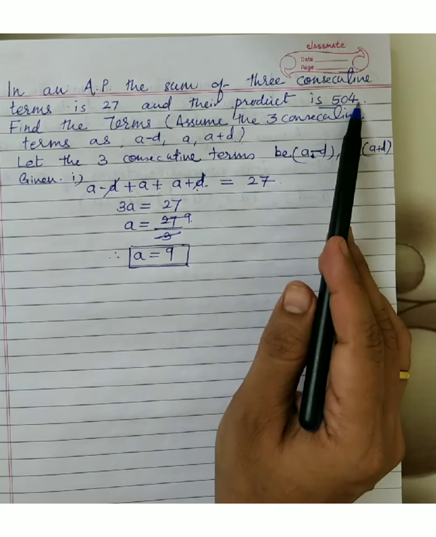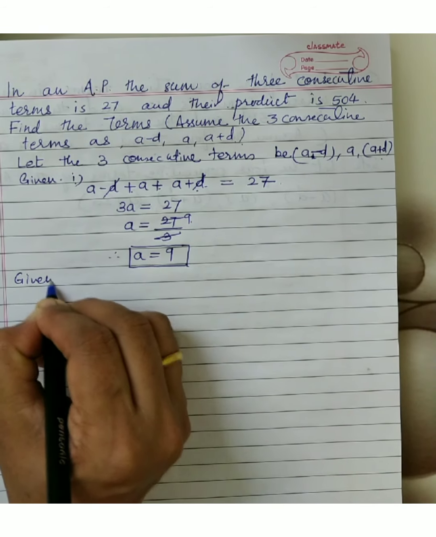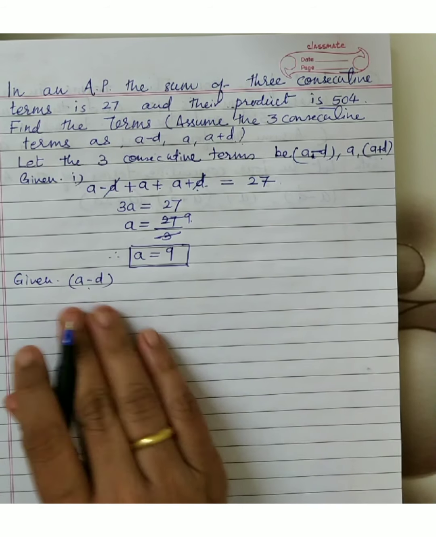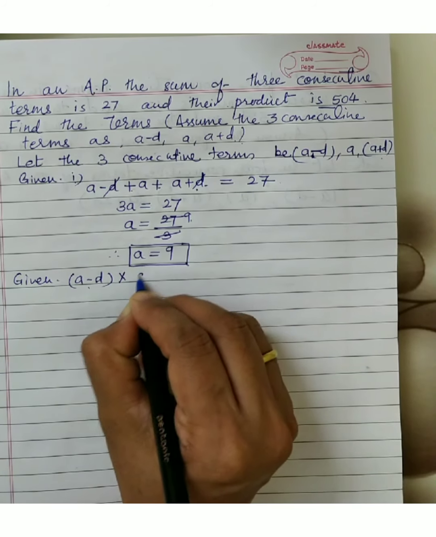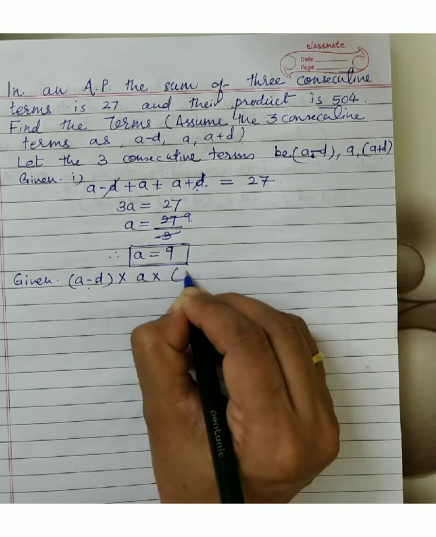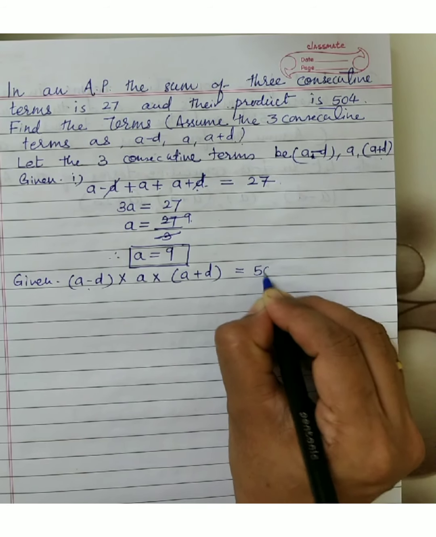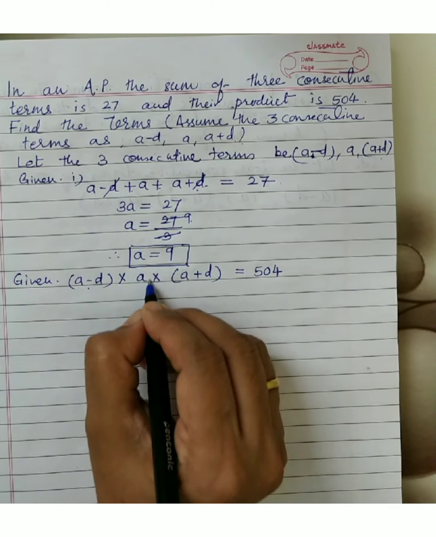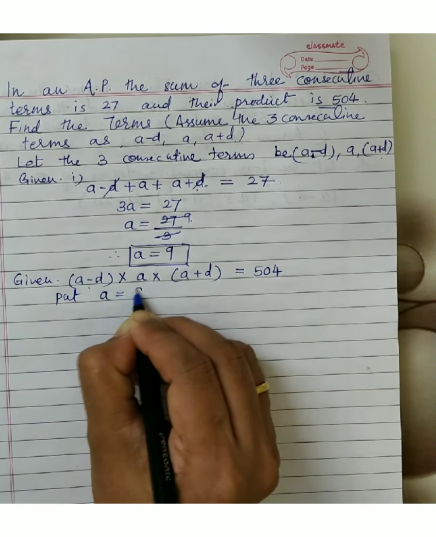What is given? Product of the terms is 504. So again A minus D, product means you will multiply. Be careful, put the brackets because binomials we are multiplying. A minus D into A into A plus D is equal to 504. Substitution. Now A is what? 9. So substitute the value of A equal to 9.